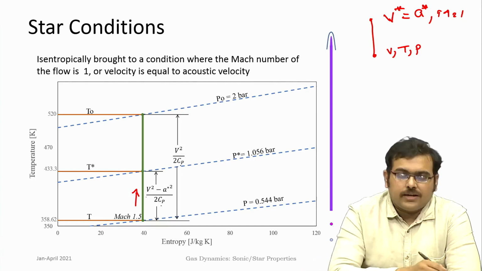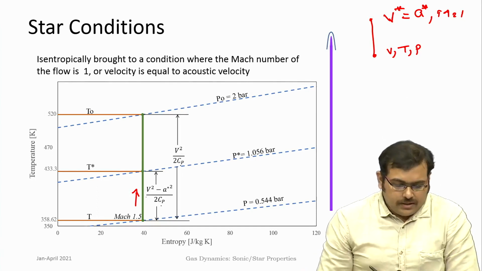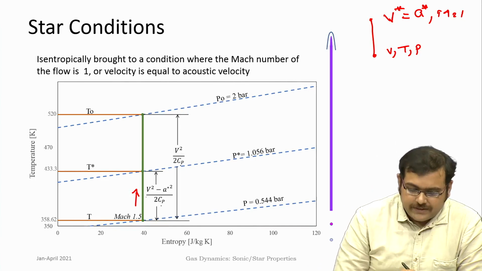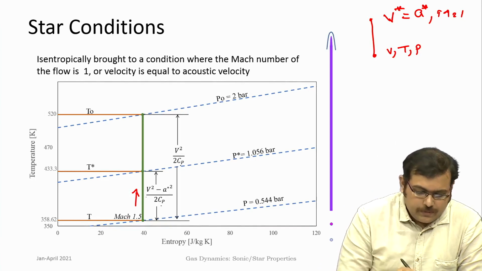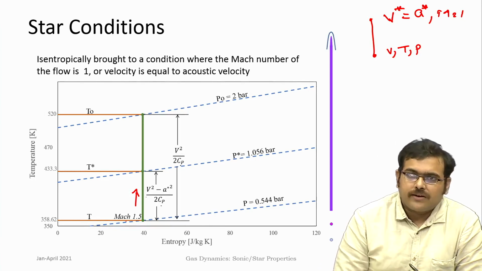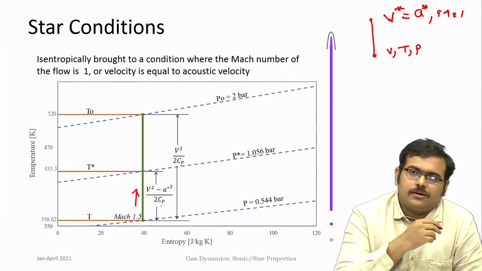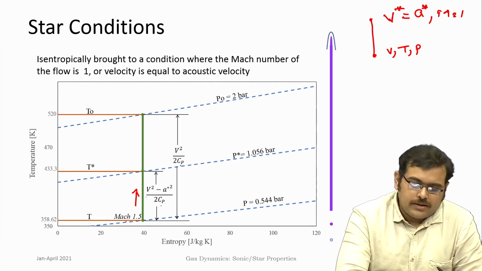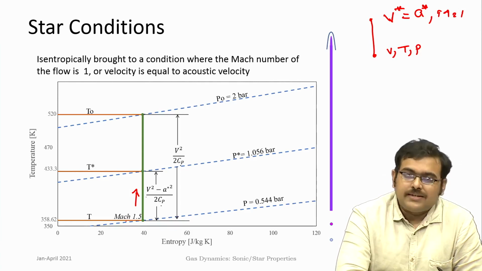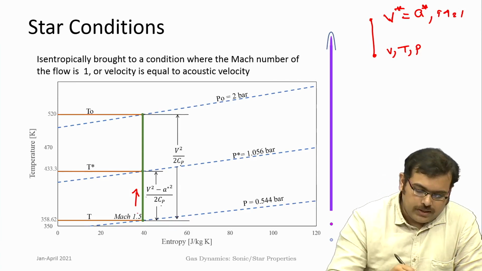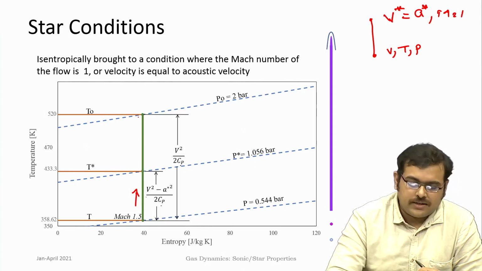Now, in this graph shown here for a typical case, the Mach number is taken as 1.5. That means, if the flow has to go towards Mach number equal to 1, it should be decelerated. So it is decelerated, and the direction is the same as that of the stagnation temperature.